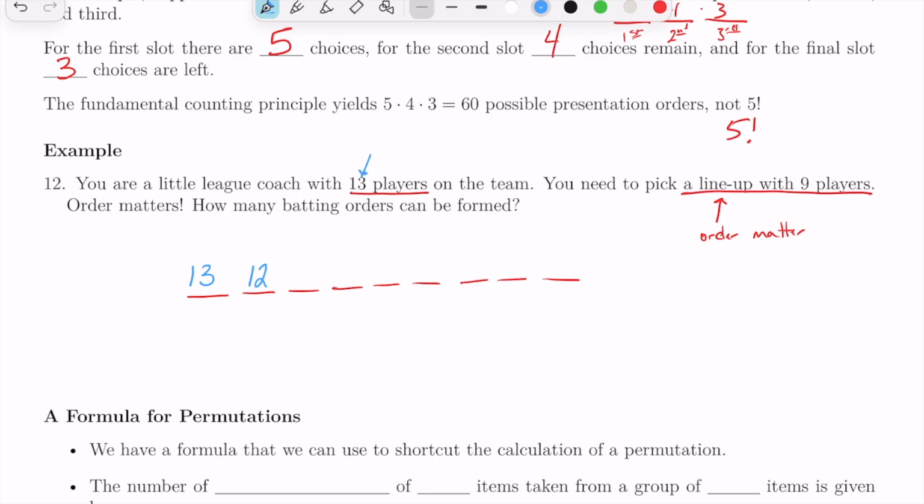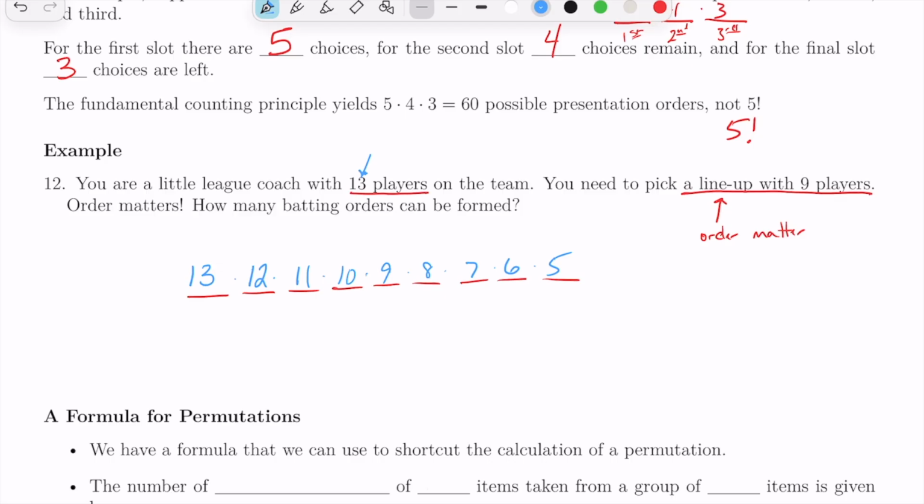So that's why we're going to do 13 times 12 times 11, and then all the way down to 5. But I need to stop. I don't want to go 5, 4, 3, 2, 1, because I only have 9 available positions. This is it.